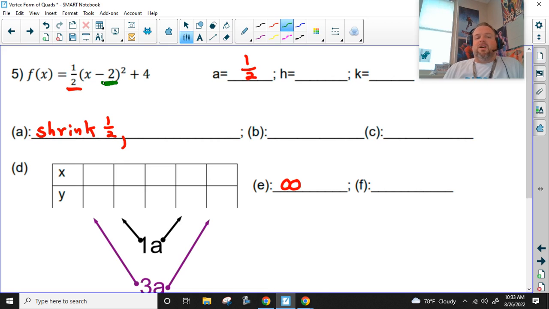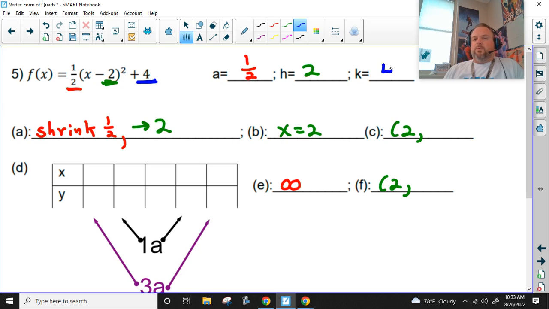Now, our h value, remember it's the opposite. So instead of being -2, this is +2. This means we go to the right 2. And our k value is 4. So this means up 4.